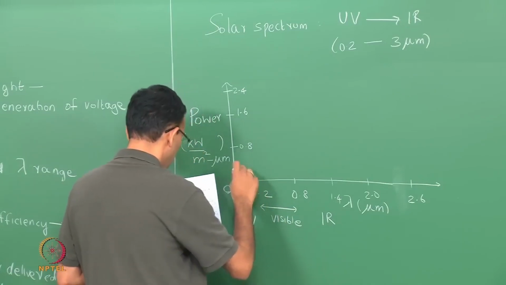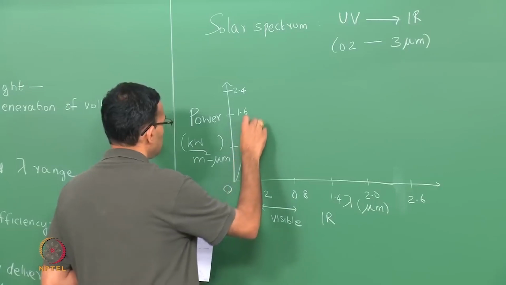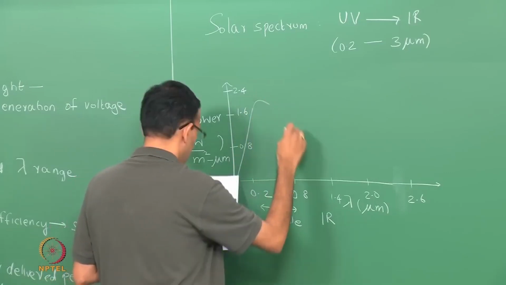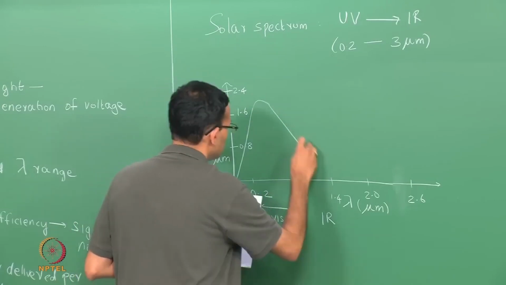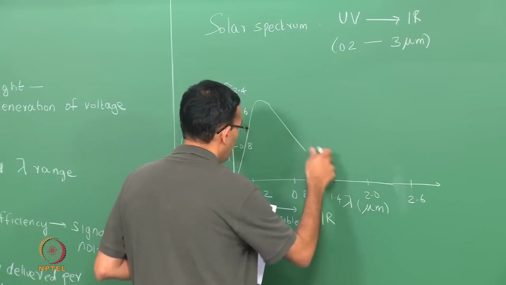If we plot the power spectrum as a function of wavelength, we have a peak and then the intensity decreases at higher wavelengths.